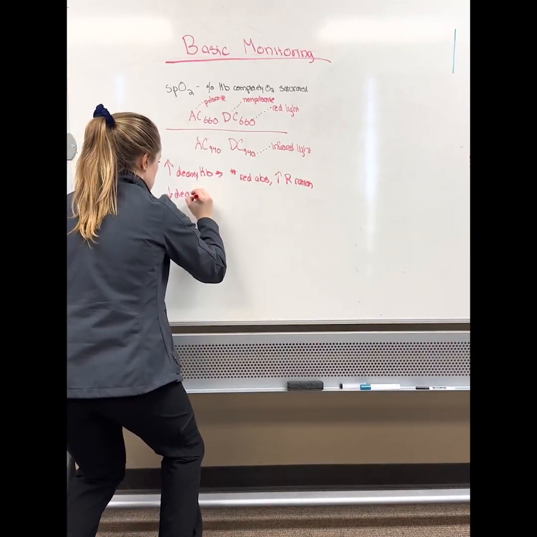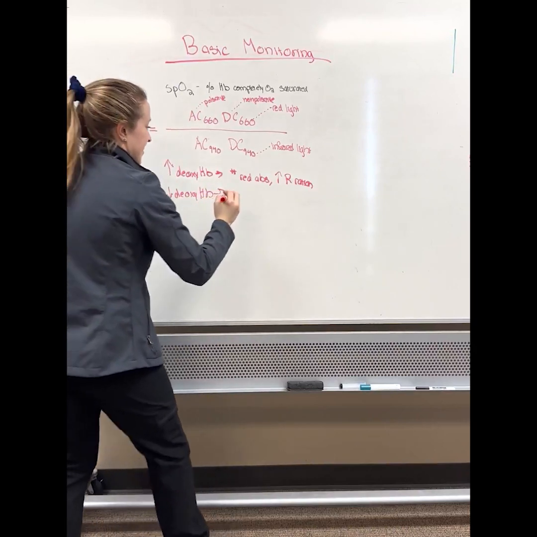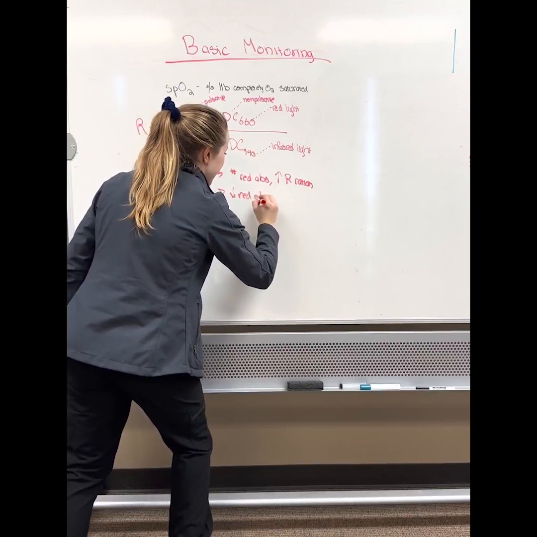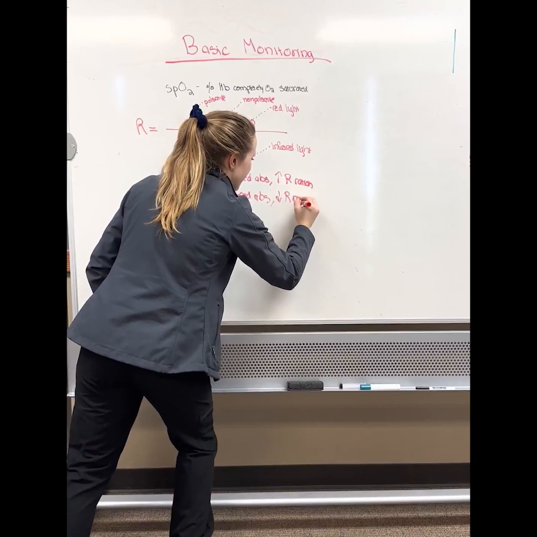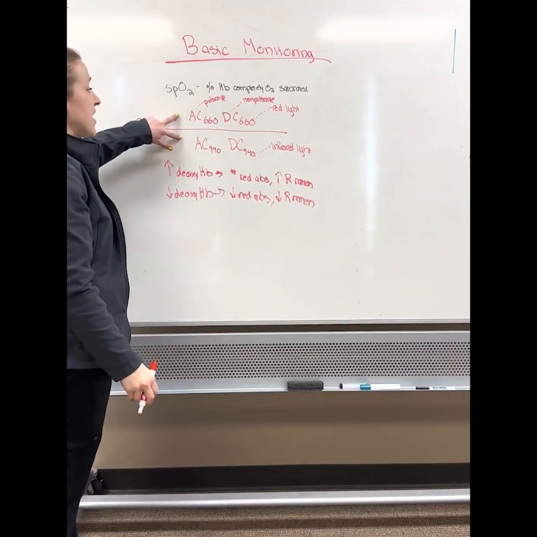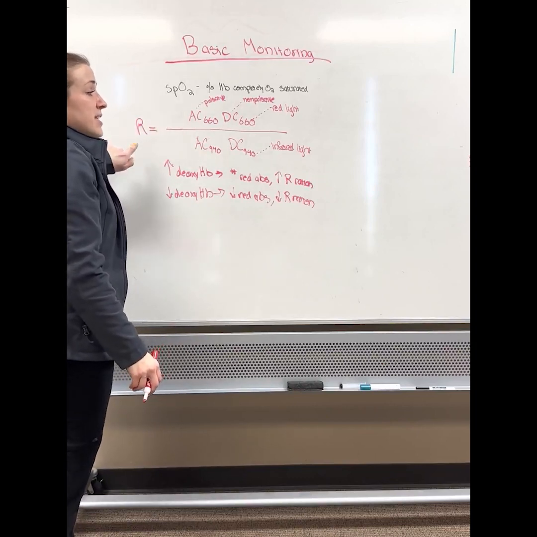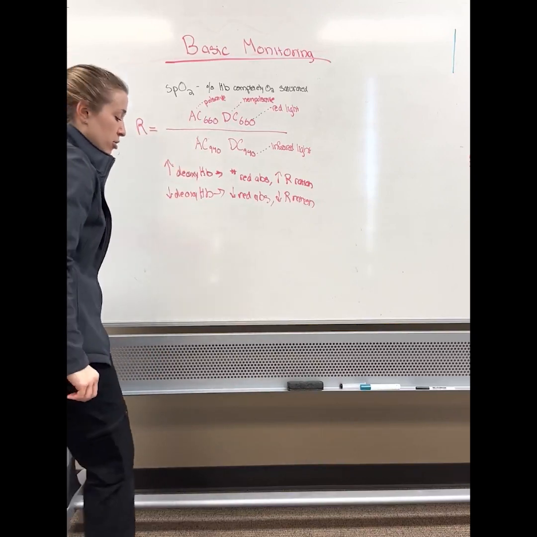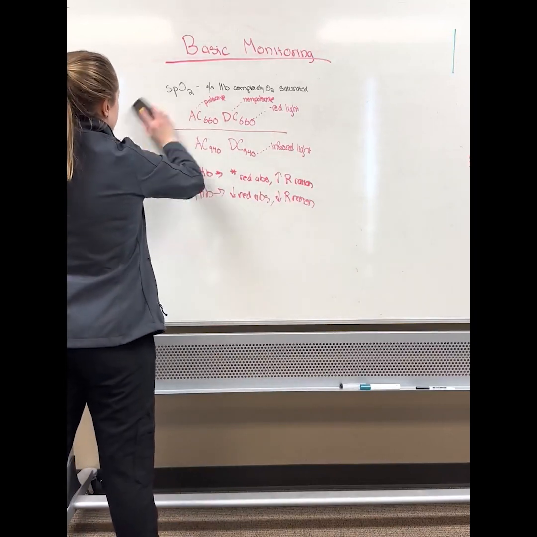Decreased deoxyhemoglobin. You guessed it, less red light absorbance, decreased R ratio. So basically, the pulse oximeter is going to get the R ratio and match that up on a graph with a pulse oximeter percentage. So that's kind of how that technology works.